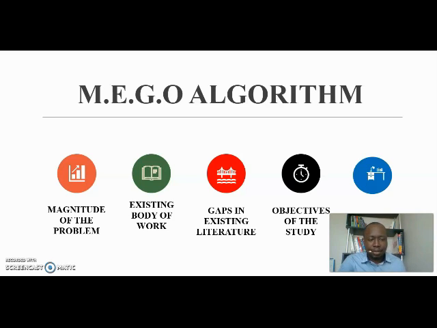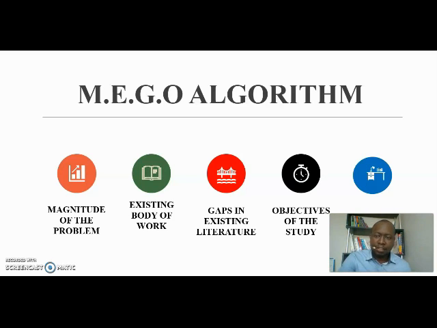And what are the 4 components? Now, the first one is magnitude of the problem, which goes into the first paragraph. And I must say this, a good literature review should have no more than 4 paragraphs. 4 paragraphs is succinct and precise enough to discuss everything you need to put out there in a literature review.